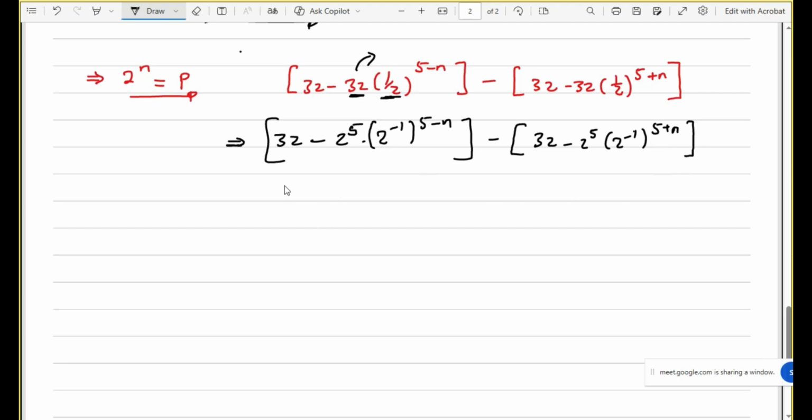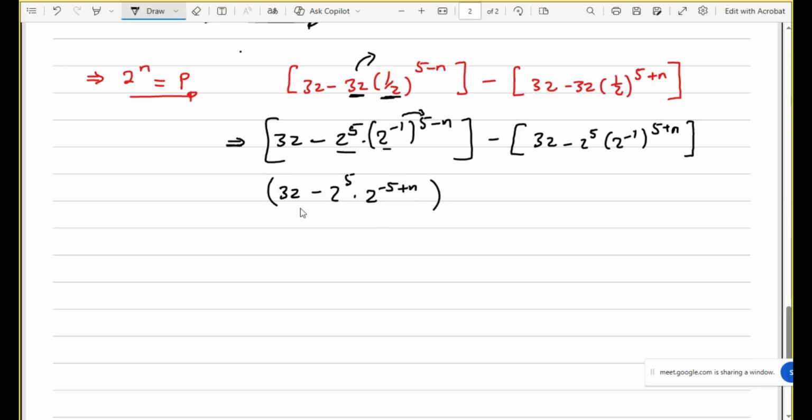Okay, so this will be 32 minus. The bases are the same, but let's multiply out the exponents first. This will be 2 to the power 5 times 2 to the power minus 5 plus n.